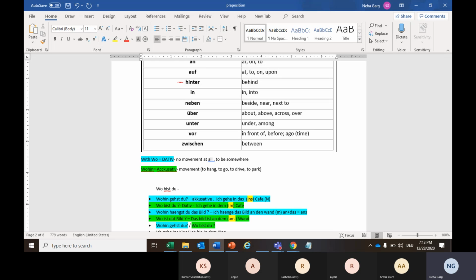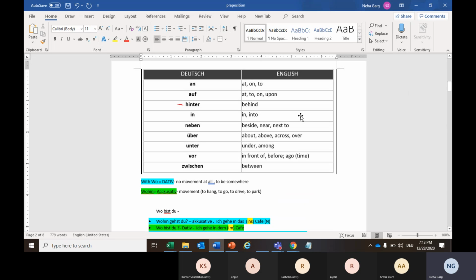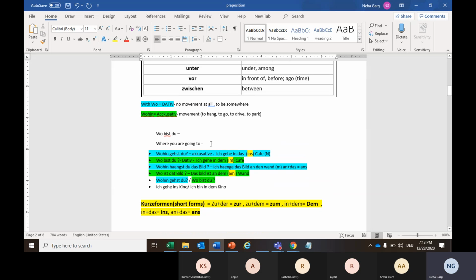This is fixed dative. So if you are using I am at the office or in the office, whatever preposition you would be using in a dative way, because the question is of wo. You are there exactly. There is no movement at all. But if I am asking where you are going to, it will be accusative because you're going somewhere.